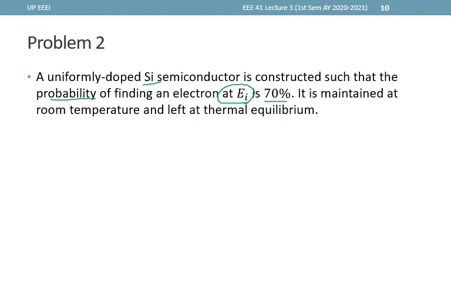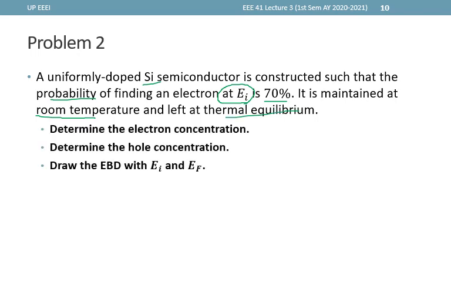The material is maintained at room temperature and left at thermal equilibrium. So the questions we have to answer are: determine the electron concentration, so that is N, determine the hole concentration P, and then draw the EBD with EI and EF.